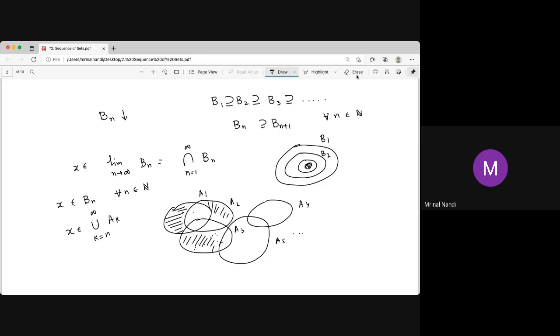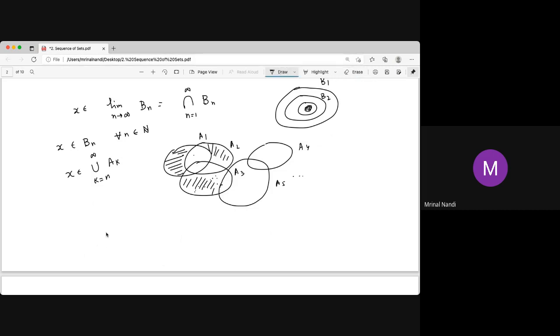If it is in finitely many Ai, let some y belong to finitely many Ai. What happens? Say y belongs to A10, then y belongs to A13, or y belongs to the last one, say 1 lakh 250 is the last one.